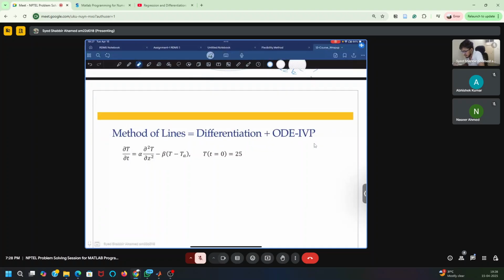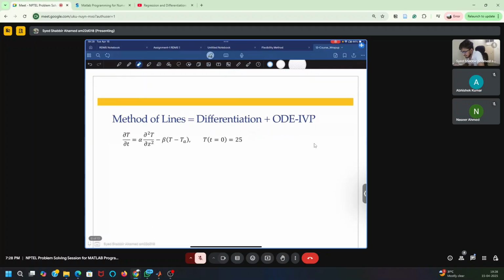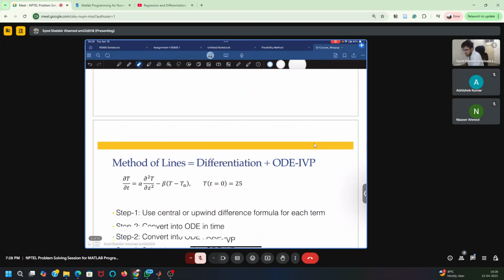And then we have seen the method of lines. This we have seen already last week. We solved the same problems with the method of lines, so I won't go into this.